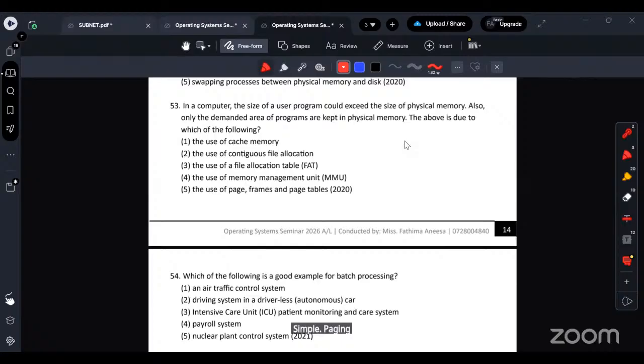The use of page frames and page tables. So they are describing the scenario of virtual memory and paging. Yes, correct. That is the answer.